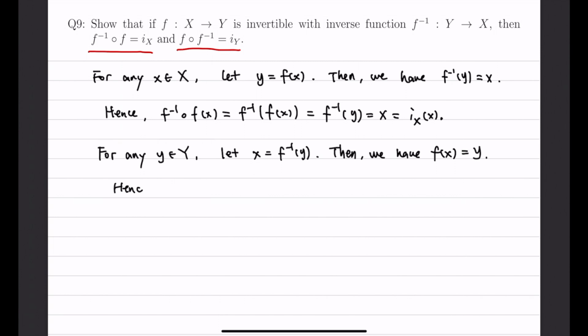Hence, the composition f compose f inverse of y is equal to f of f inverse of y, which is equal to f of x, which is equal to y, and this gives the identity in Y. And we are done.